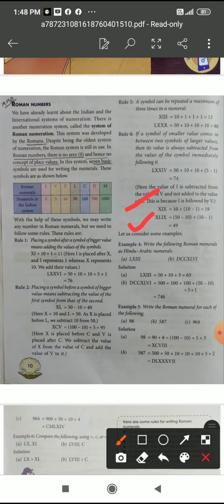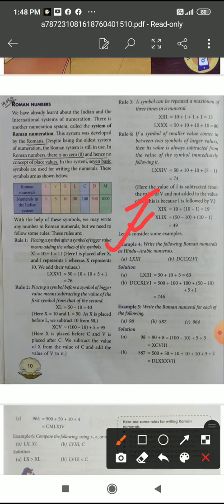So L minus X, 50 minus 10, plus again IX. Here we subtract X minus I, 10 minus 1. Clear children? Children, you see the rules and the examples. Then you easily understood. Then children, let's see some examples.